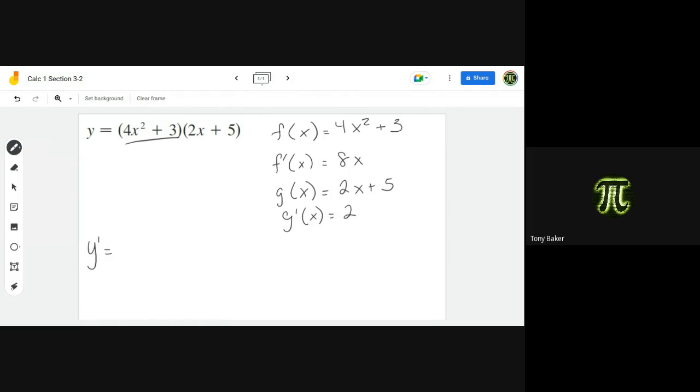So it's the derivative of the first, so 8x times the second. So we've got f prime of x times g of x plus f of x times g prime of x.